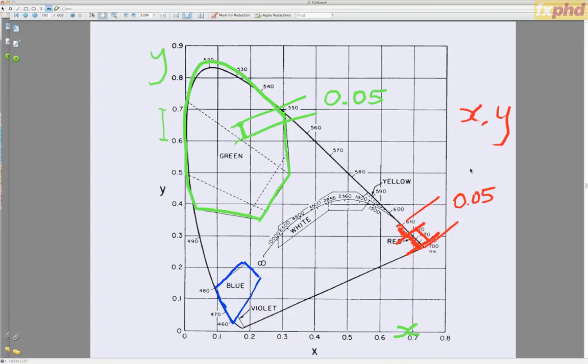So the little x, little y numbers, they're totally useful for science, but they're not very useful for imaging, because we'd ideally like to have an imaging system that takes red from 0 to 1, and green from 0 to 1 and blue from 0 to 1, but it's got roughly the same perceptual shift in all three components.